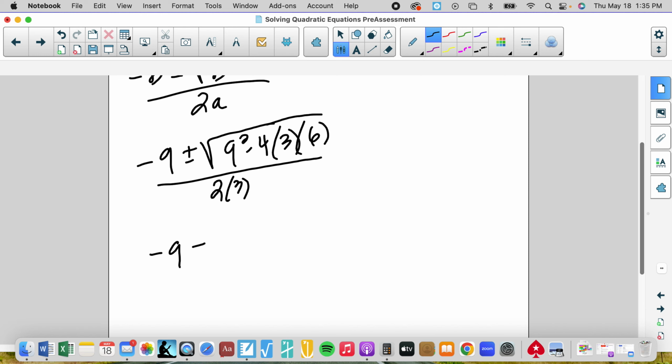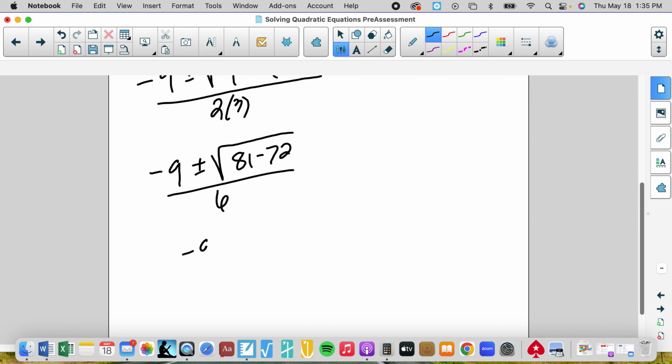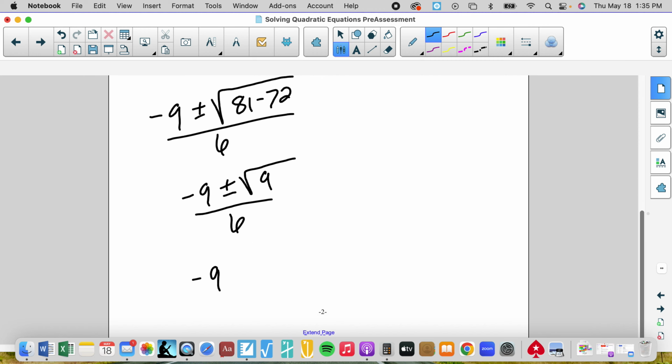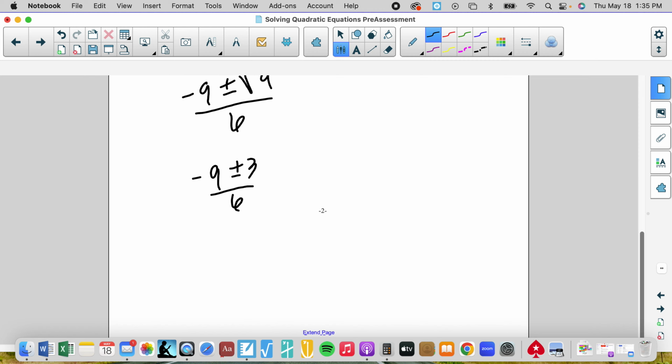Gives me -9 plus or minus the square root of 81. -4 times 3 is -12. -12 times 6 is -72, all over 6. -9 plus or minus the square root of 9 over 6. 9 is a perfect square, so I get -9 plus or minus 3 over 6.